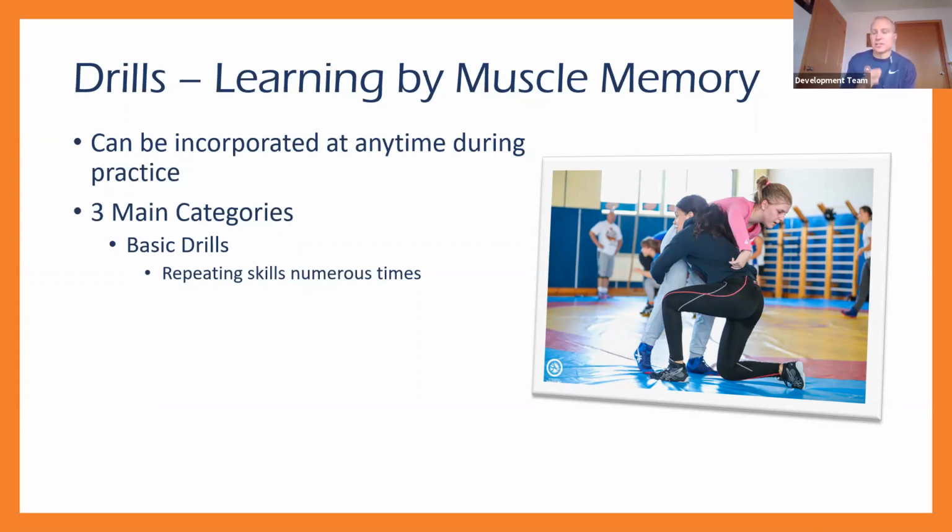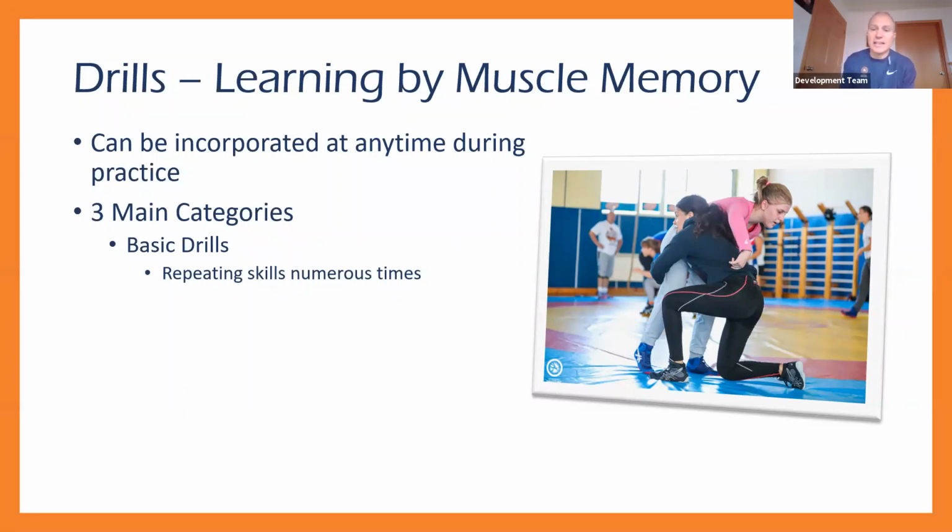So early we do some just basic drilling, and then as we begin to advance our basic drilling, we try to operate this at a much more match pace, and also at a more realistic look. So the wrestler they're wrestling has to give them the look that they would typically see if they're wrestling a match. Some examples of drills that I do in my room practice-wise: we do a drill called hard in, easy out.